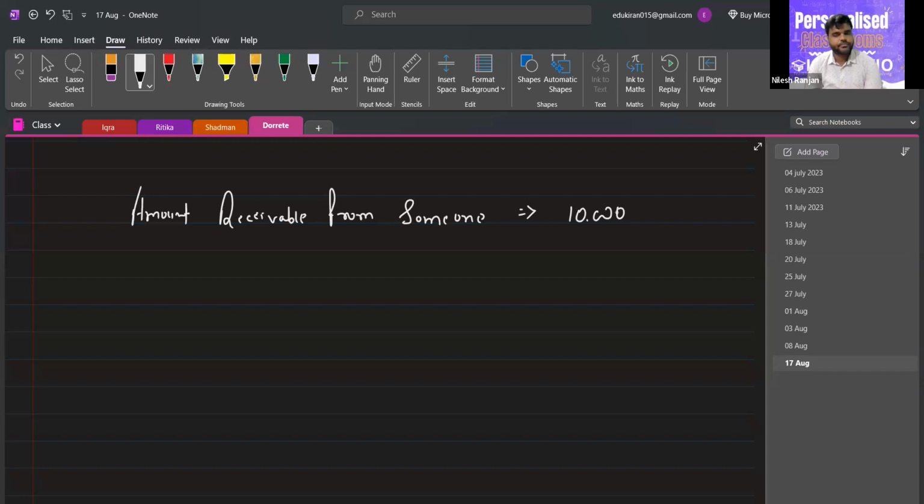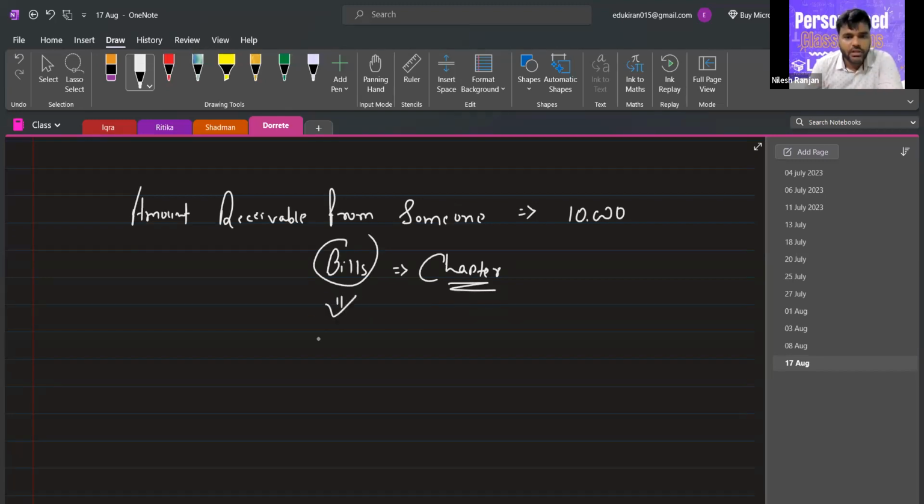One of those instruments is bills. Actually, there is a chapter related to this, but we need to understand it here in brief. Bills means instrument.